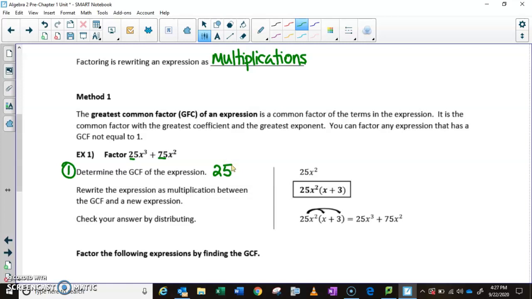The lower of the two exponents is x squared. Once I've established my greatest common factor, we're now going to divide each term in my original problem by my GCF, 25x squared.